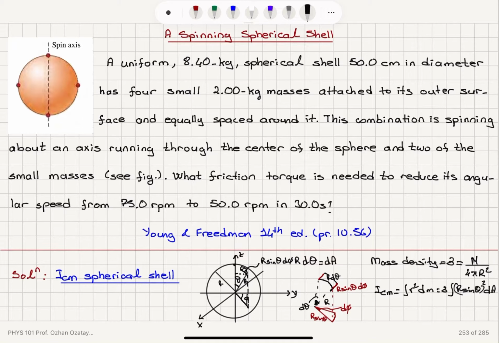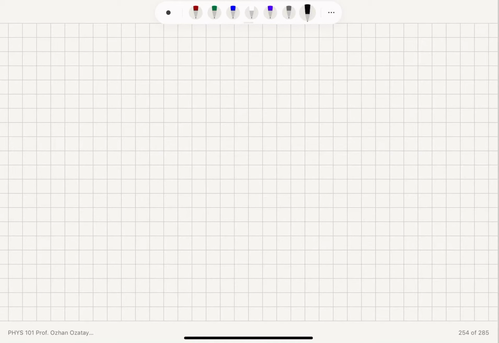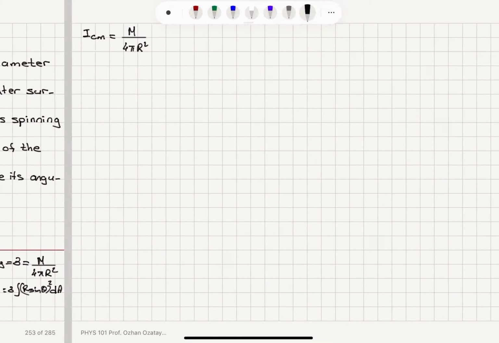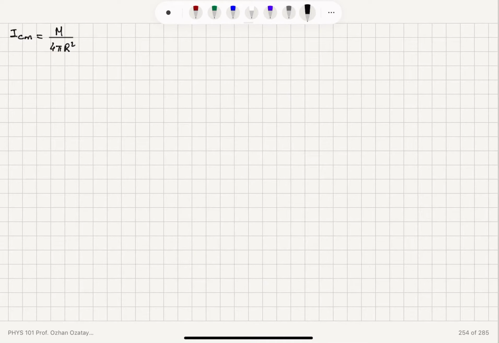So if I continue with this calculation, my sigma is capital M divided by 4 pi capital R squared. Then I have the integral over theta and phi.